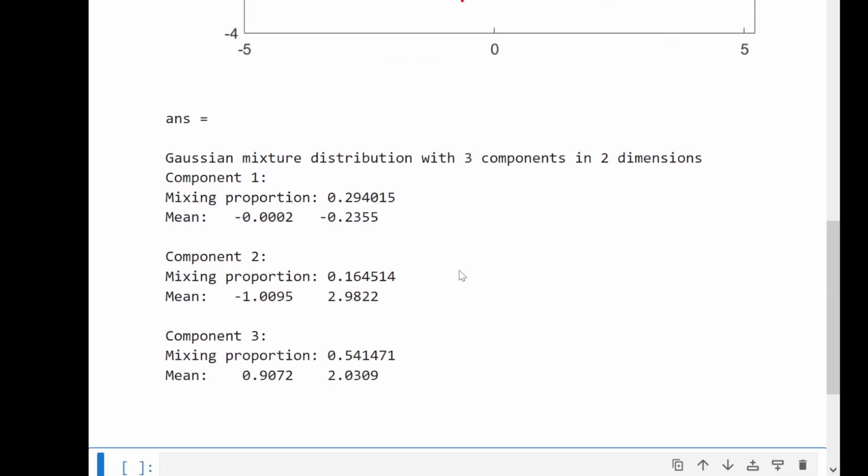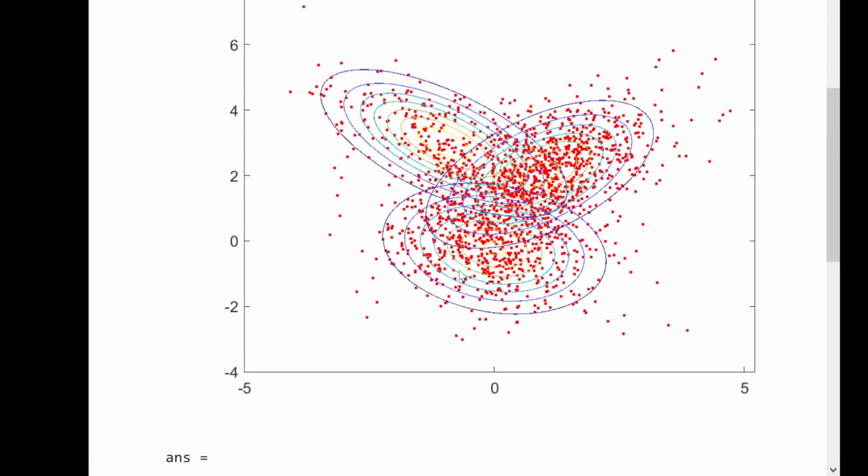If I look at the mixing coefficients, I generated this data with basically half of the data from component 3, 0.3 of the data from component 1, and 0.2 of the data from component 2. So it did a pretty good job of discovering these underlying mixtures, even though the data is all overlapping there in the middle. So that's a Gaussian mixture model.